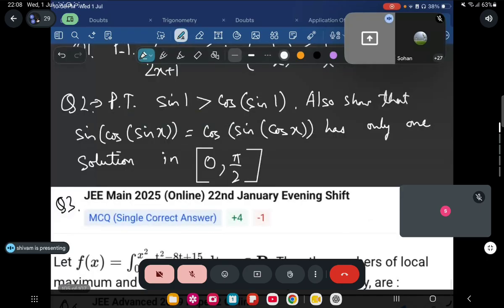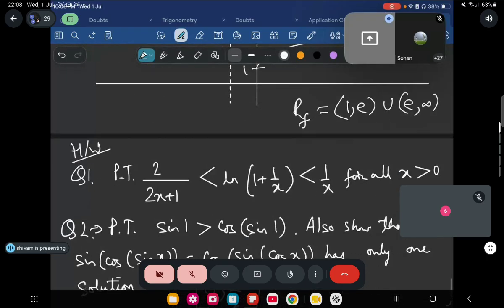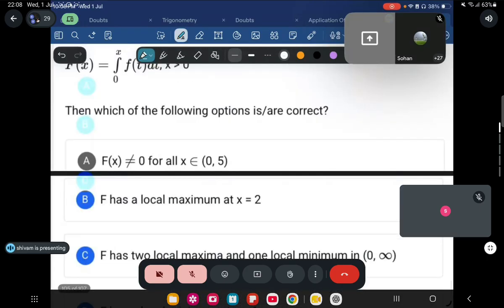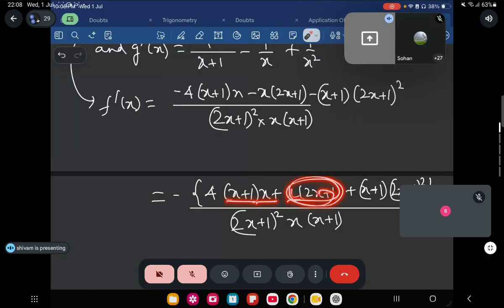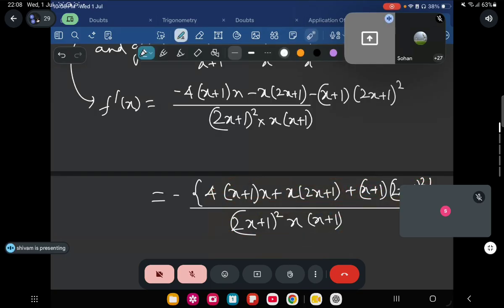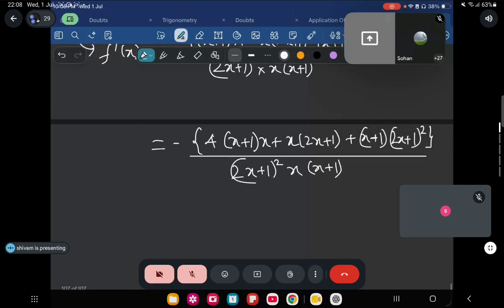Now, in the question, it was specifically given that x is positive, right? So, for all x greater than 0, can you understand that this term is positive, this second term is positive, third term is also positive. So, positive divided by positive will give us positive only. And negative of something positive will give us negative.